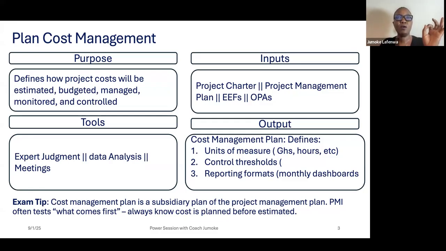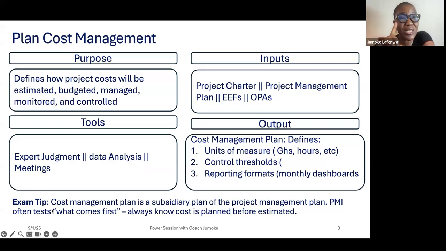Then they will include the project management plan. The project management plan is the odd one because it's like the umbrella that contains all the subsidiary plans, the cost, the risk, the schedule, the scope itself, and all that. So you should be mindful. So cost management plan is a subsidiary plan of the project management plan.